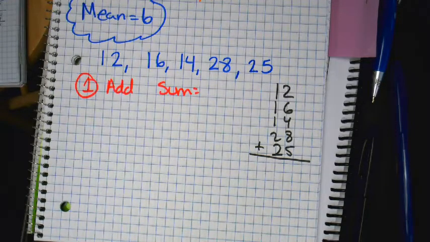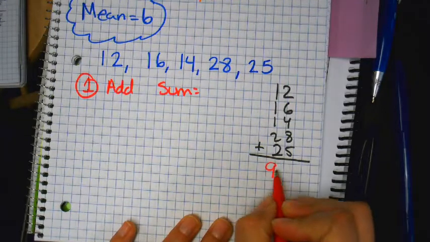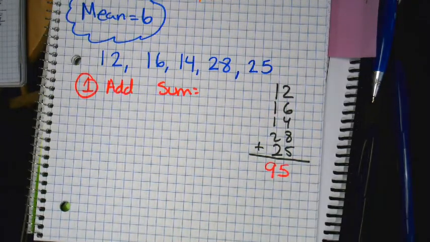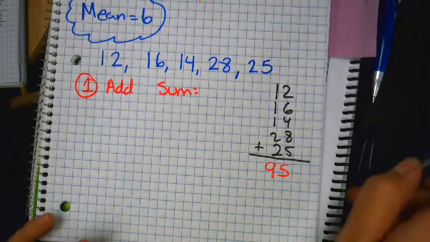Okay, plus 4. What do we get when we add? You should get 95. Should have. Count again. Okay, now, so the sum is 95.